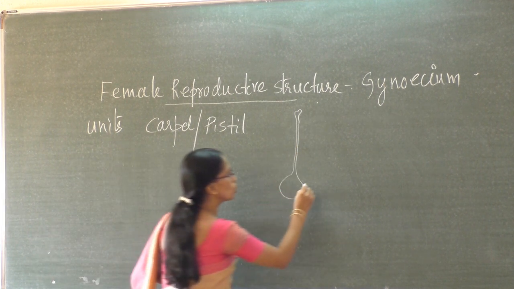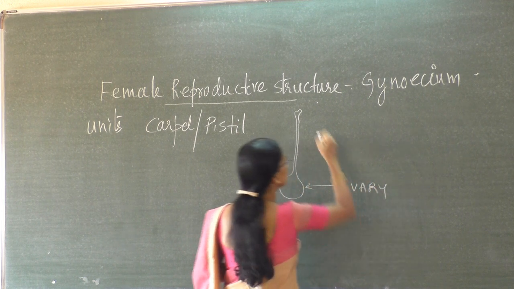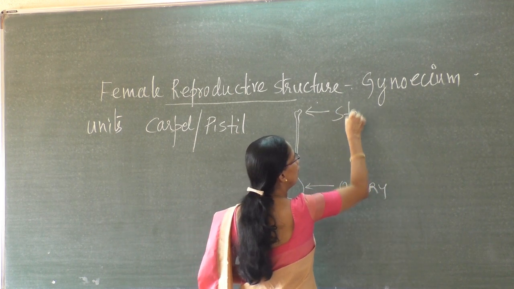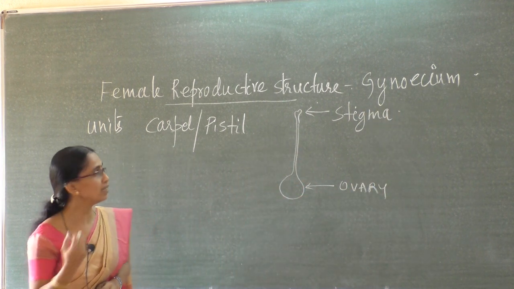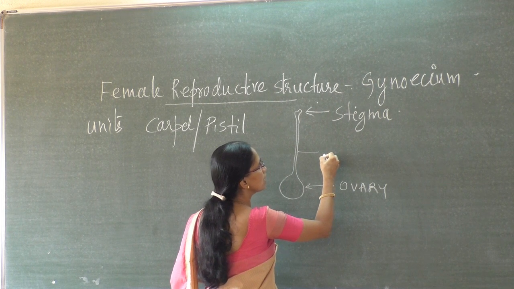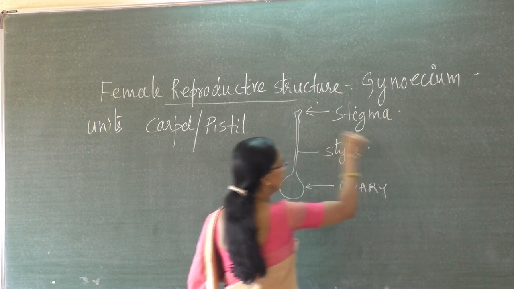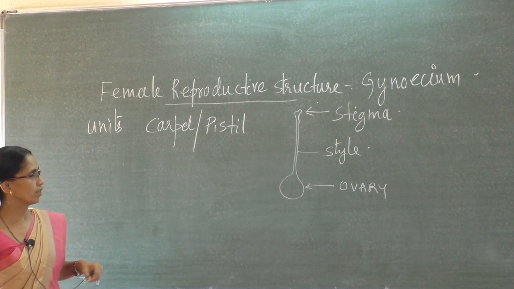It is with a swollen flask-shaped structure, the ovary, and the receptive part, the stigma, receptive in the sense that during pollination it receives the pollen grains. The connecting narrow part which joins the two is the style. So, that is carpel, that is pistil.